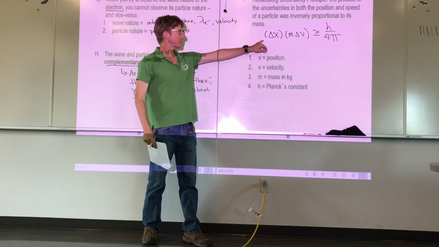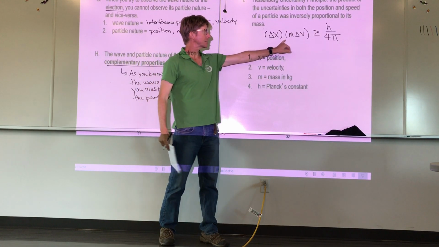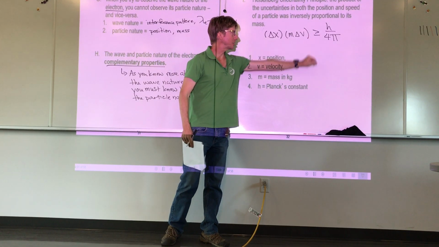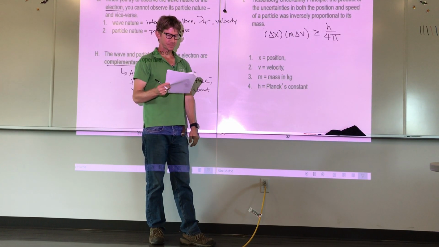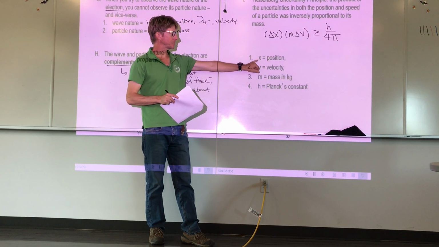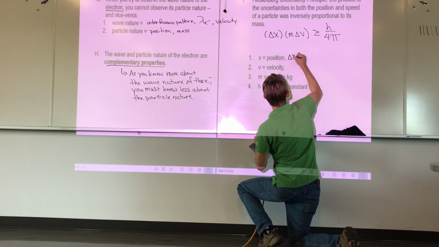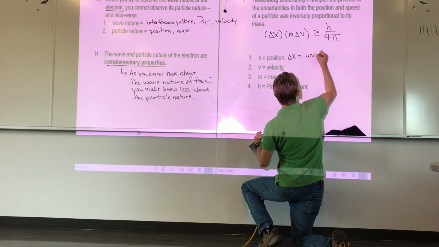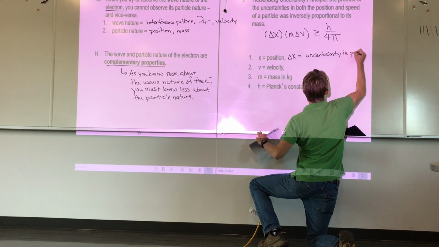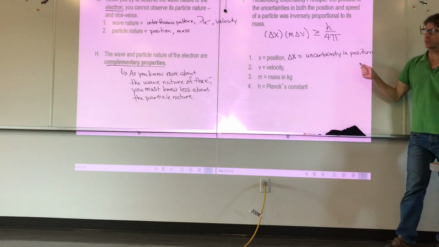It says the following: delta x, in parentheses, times mass times delta v is greater than or equal to h over 4 pi. Now, x is going to be position, but delta x is uncertainty in position.